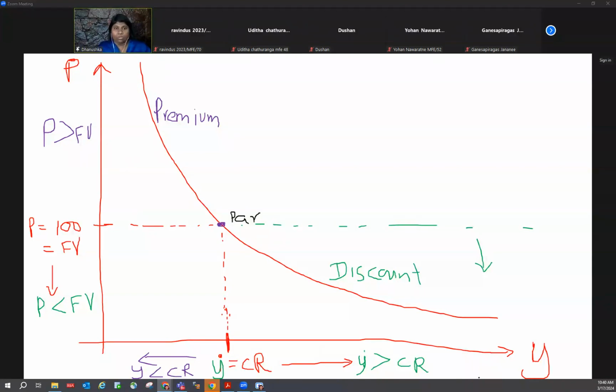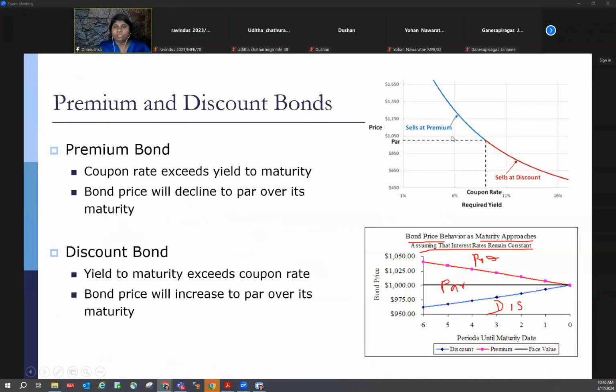This is for a single bond. It will be selling at par when my yield is equal to coupon rate. It will be selling at a discount when my yield is greater than the coupon rate, or at a premium when the required rate of return is less than the coupon rate. So that is what is shown in this graph.